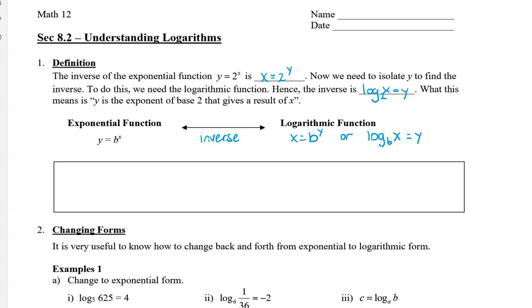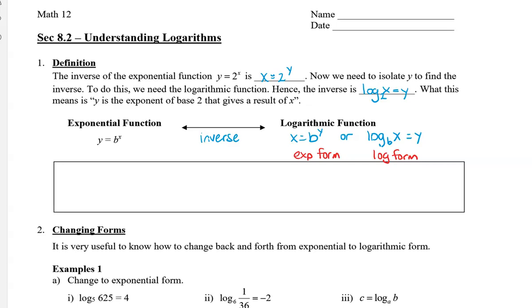On this right side, the logarithmic function, these two are identical: x equals b to the y, and log base b of x equals y. The first one is called exponential form. It's just a form that we've written in. The second one we can call the log form. Whether it's exponential form or log form, these two are equivalent.